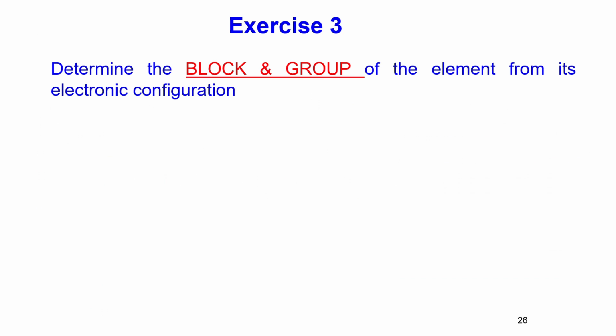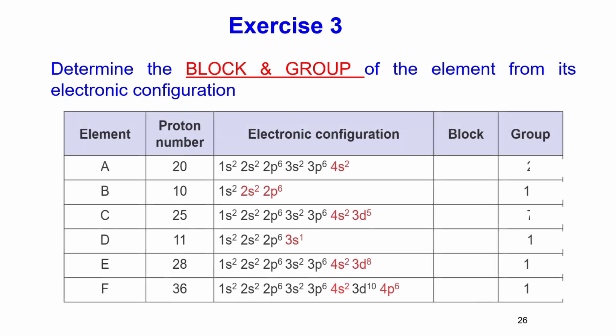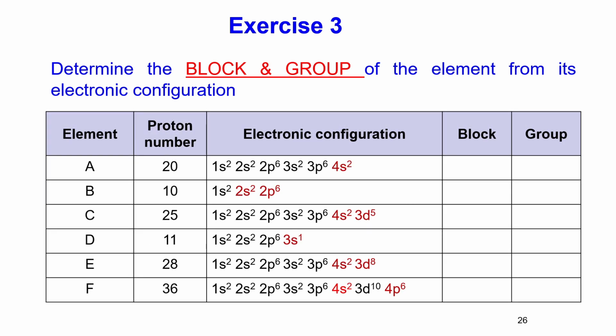Okay, let's go to exercise 3. Determine the block and group for these elements. So we have element A with proton number 20. From proton number 20, we can write the electronic configuration according to the above.